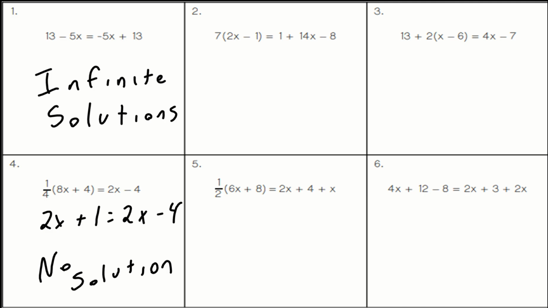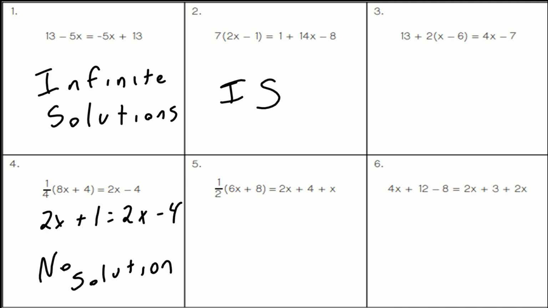Give me number 2. Sydney. Infinite solutions. I'm just going to do that for right now, okay? So IS, infinite solutions. When you distribute, you got 14x minus 7 on the left side. When you combine your like terms, you got the same thing on the right side.